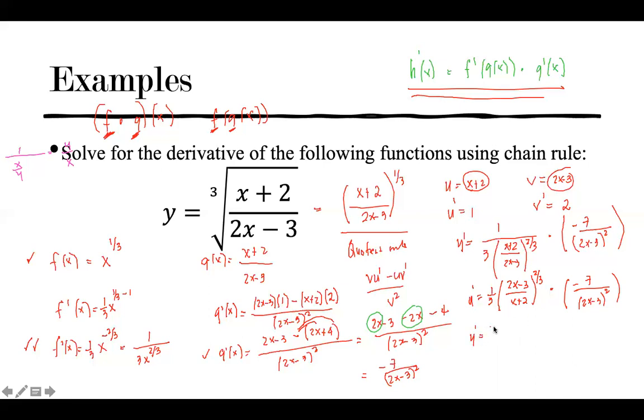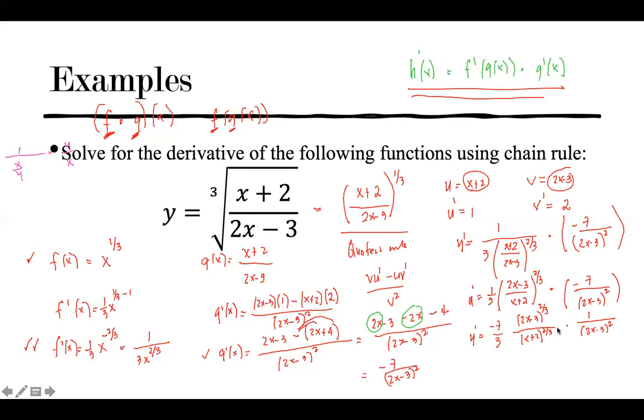We can put -7 over 3 here. And I think you'll agree with me that we can distribute our exponent. So that will be (2x minus 3) to the power of 2/3 over (x plus 2) to the power of 2/3, times, this will just be 1 because -7 is being placed here, so 1 all over (2x minus 3) squared.